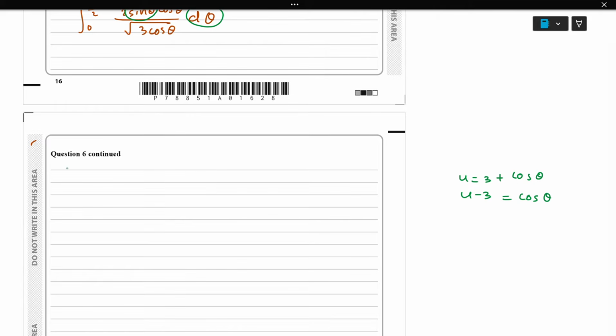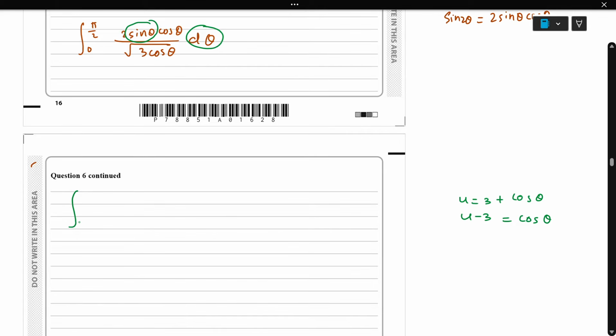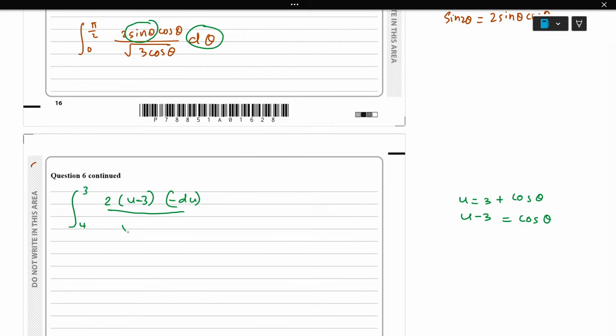This integral now becomes the integral with the limits 4 to 3, and sin theta d theta equal to minus du, and 2 into, instead of cos theta, I am writing u minus 3, over square root of, sorry, this is 3 plus cos theta, by mistake I wrote 3 cos theta, 3 plus cos theta equal to u.